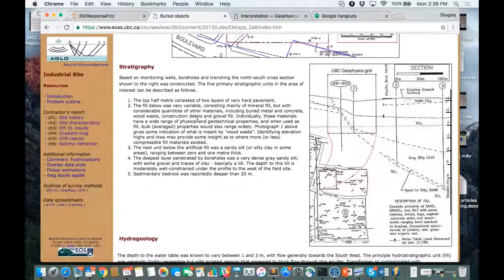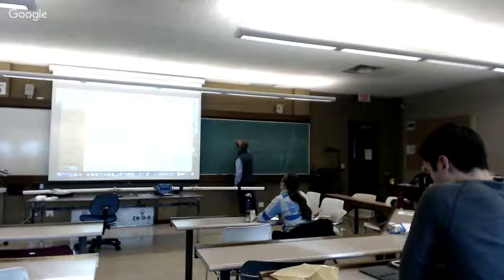From the point of view of site characterization and stability, it's really the depth to the till that's important. So we thought, well, maybe we could find that. It kind of looks maybe like this, but things are never quite as simple as you might think. The top part actually turned out not to be simple at all. The top, good half meter, close to a meter, was actually filled with 2 layers of concrete.